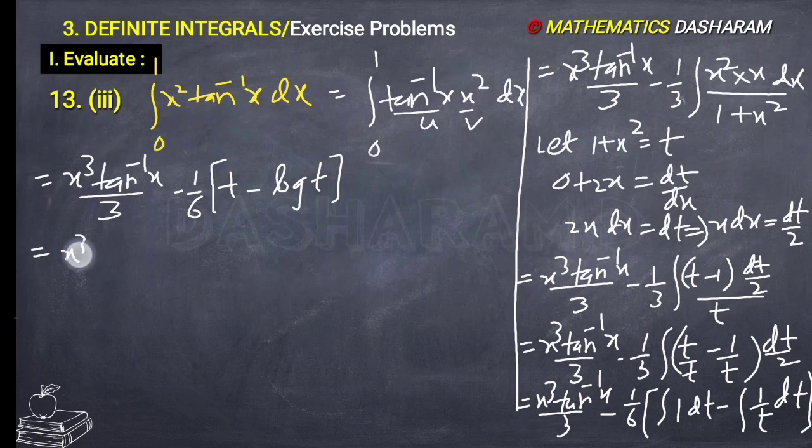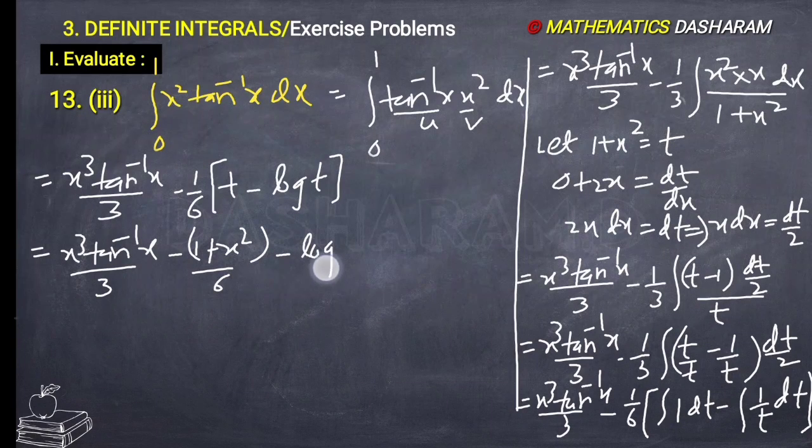Now substitute the t value: x cube into tan inverse x divided by 3 minus 1 by 6 into t, which is 1 plus x square divided by 6, minus log t. Sorry, here minus 1 by 6 into minus log t, so plus 1 by 6 into log of 1 plus x square.